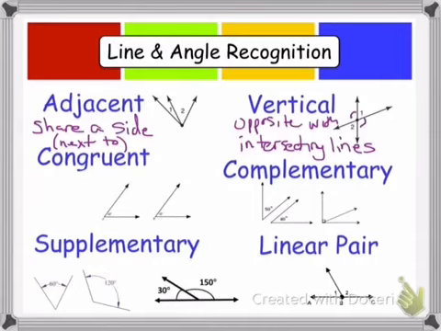Congruent angles, so hopefully you remember congruent from the last video, meaning exactly the same. So these angles are the exact same size. They're both 48 degrees, I think it says, really tiny. These angles are congruent. Same measurement.